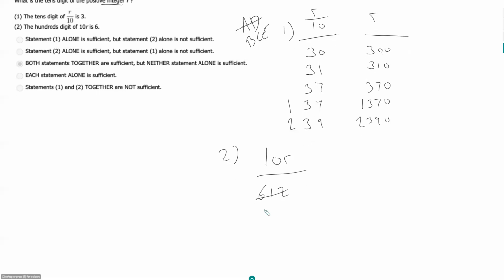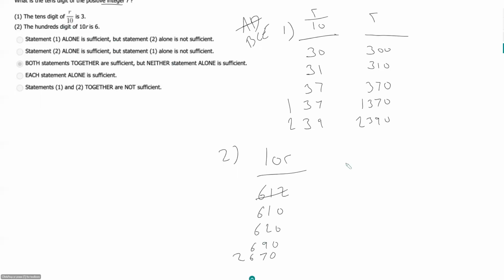But we can say 610. So 620, 690. If we want to come up with one with 4 digits, 2670. All of these are possible values for 10r.